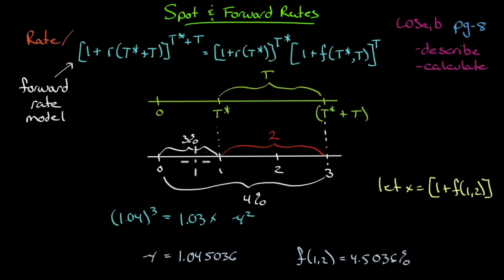So once you can conceive of it in terms of this, and I like the timeline because it's just so easy to do. After you put the timeline in, we're going to do a number of problems where it may look challenging at first, but once we start drawing it out on the timeline, it's almost juvenile to calculate forward rates from spot rates.